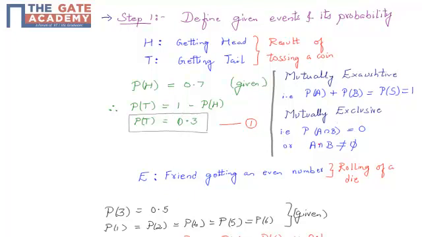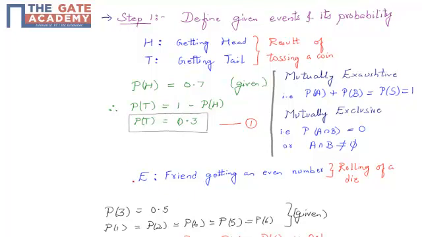Or I can say that A intersection B would be a null set. In our case, probability of H intersection T would be 0. So using these 2 conditions, we can say that my probability of T would be equal to 1 minus probability of H, hence probability of T would be equal to 0.3, since my probability of H is equal to 0.7.